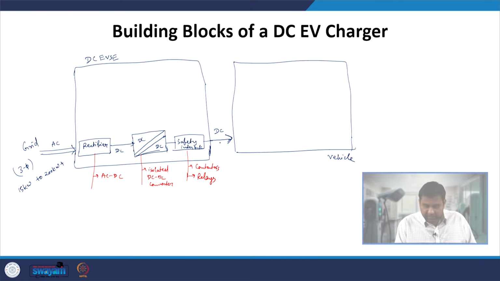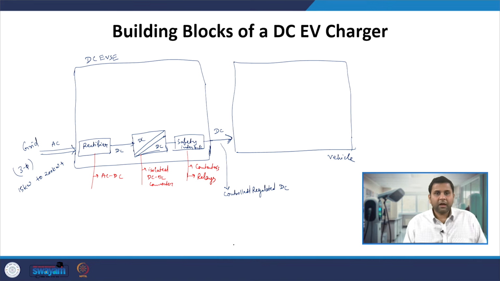This DC is again a controlled, or regulated, DC. The voltage to be kept at the output is determined by the BMS in the vehicle. The DC is directly plugged into the vehicle, and in the vehicle you again have protective devices like contactors and relays.